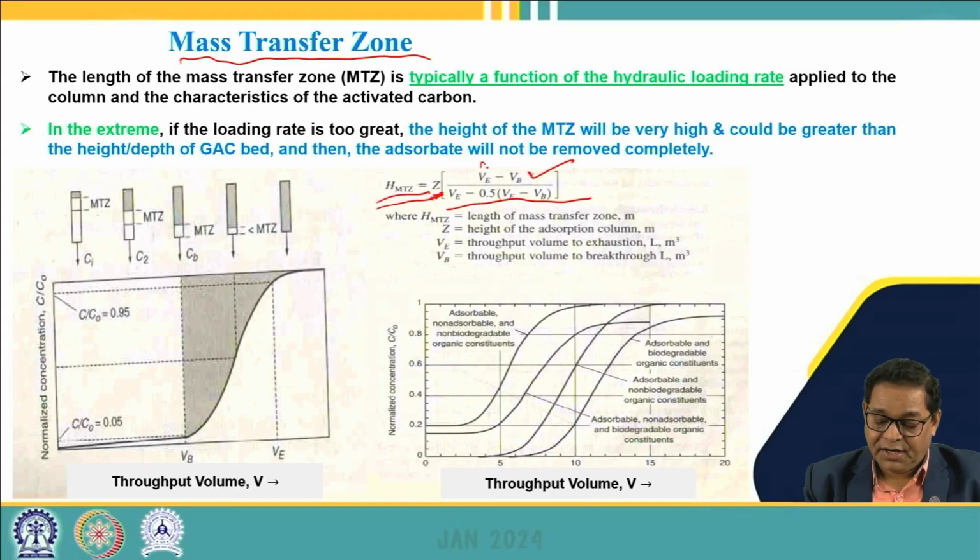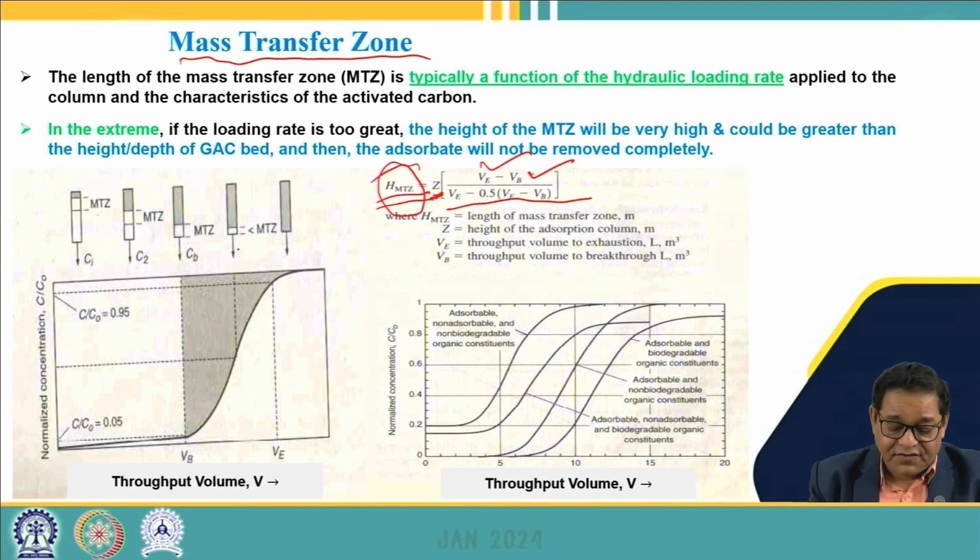VE and VB are basically the throughput volume of the water at the point of exhaustion and at the point of breakthrough respectively. And using these two parameters, we can define the height of the mass transfer zone.